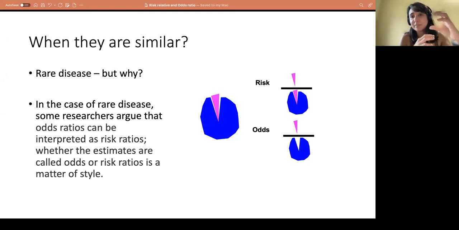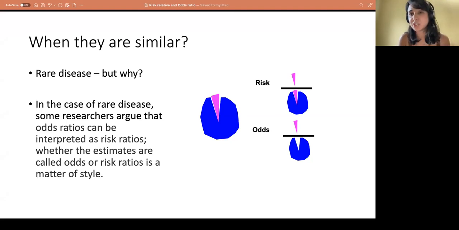So if you have the same numerator and a similar denominator, risk and odds will be similar. So the ratio between risk and odds in the exposed and non-exposed group will be similar. So the numerical value, for example, an odds ratio of 1.84, you would find a risk ratio of 1.86.